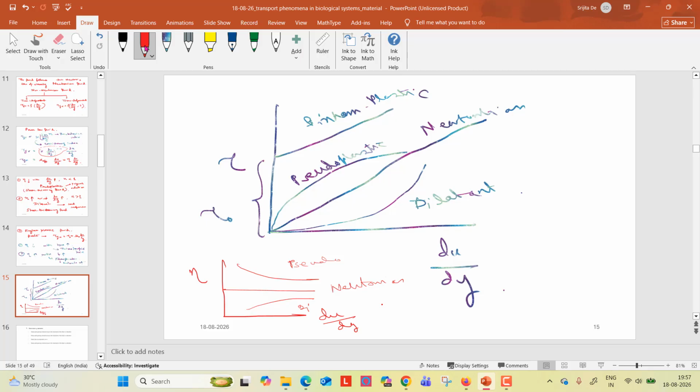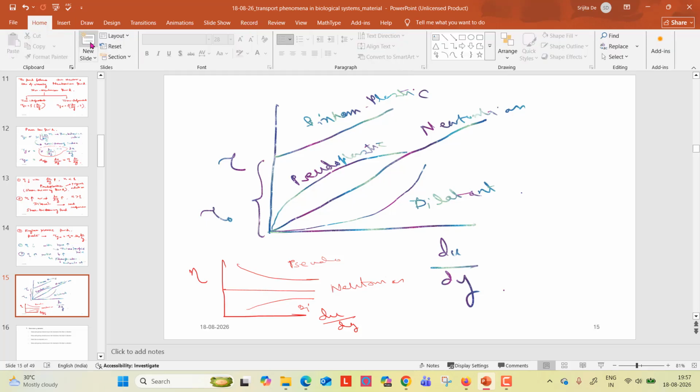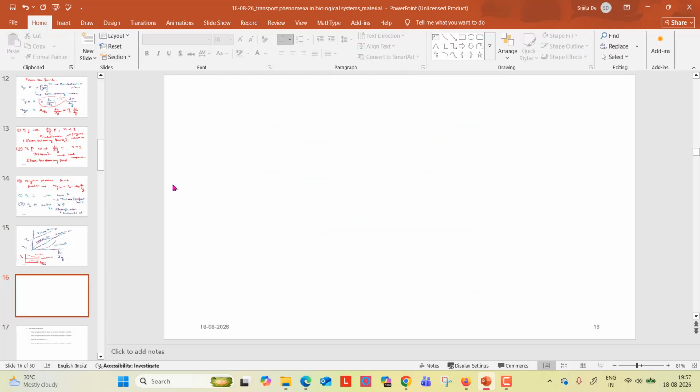There are some other things also for the momentum equation, but we are not going that way much. I am just finally writing the expression for the Navier-Stokes equation. How this comes, you have already seen in the lecture notes, so please go through that. It is already very well explained.